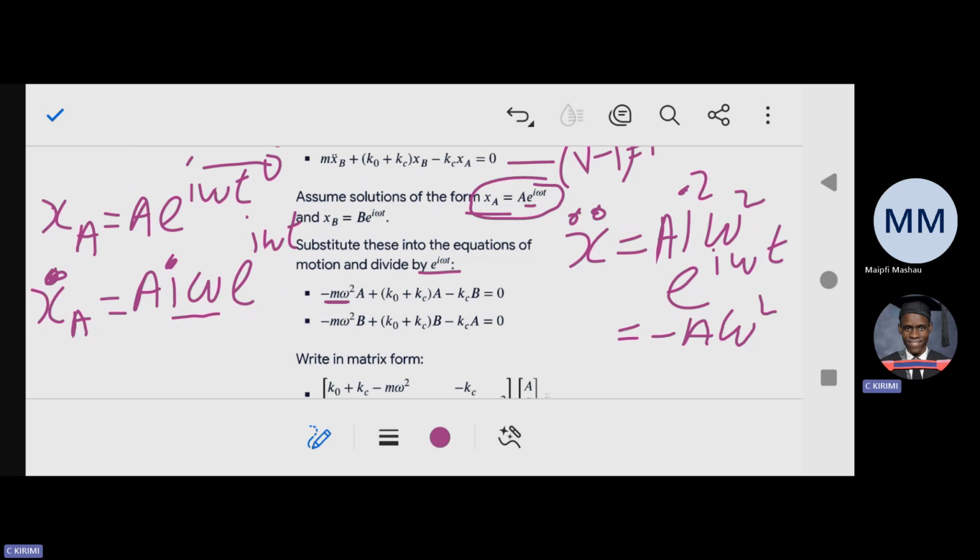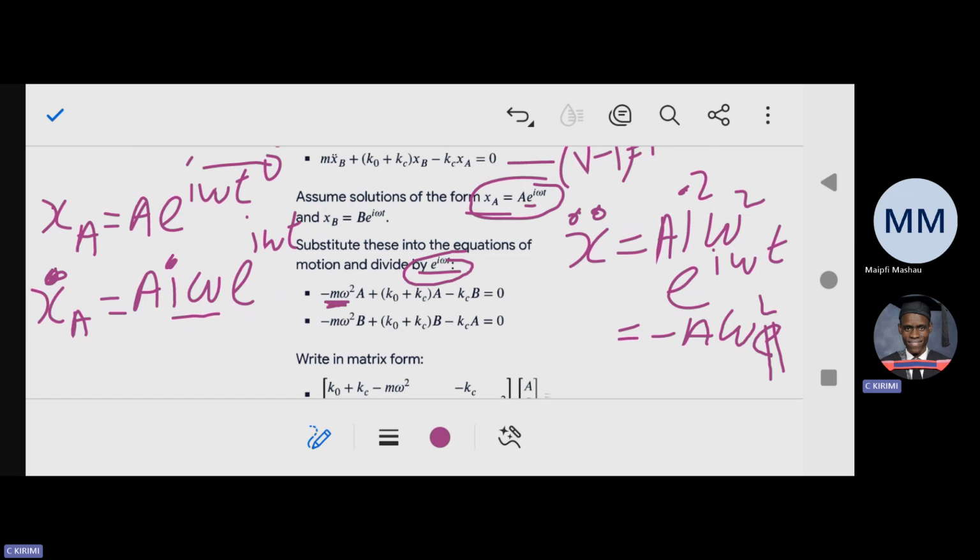That's why they say divide by it. You differentiate, then you divide. When you divide by that, you are going to cancel it out. Then you'll be left with minus m mass times that acceleration. It will be now a negative a omega squared.